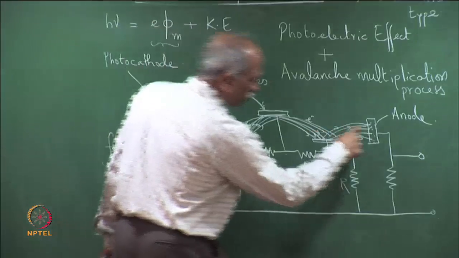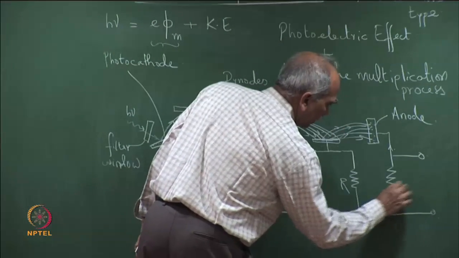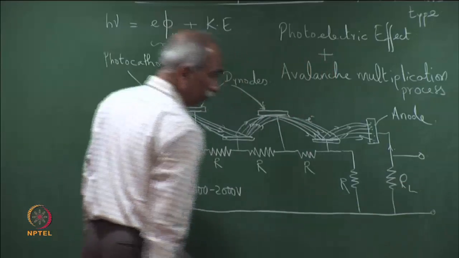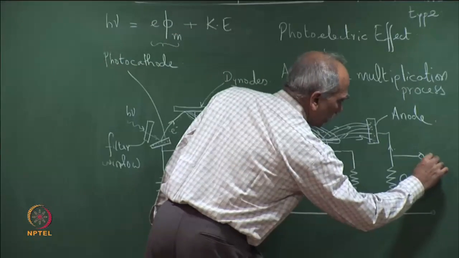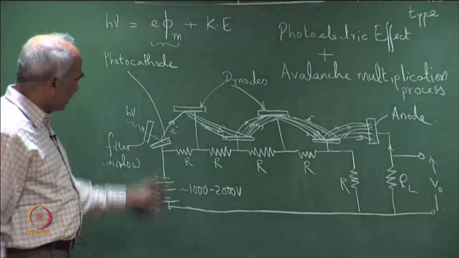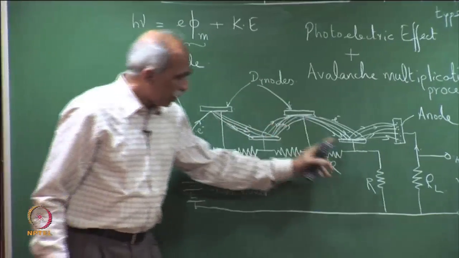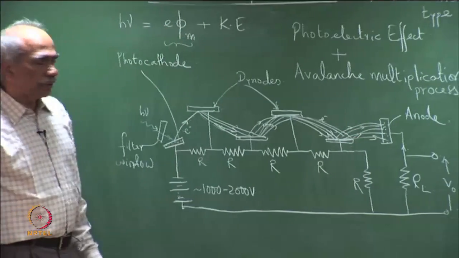This leads to a photocurrent and a voltage across the load resistance R L, giving an output voltage V O. So, a single photon incident leads to creation of an avalanche of electrons.